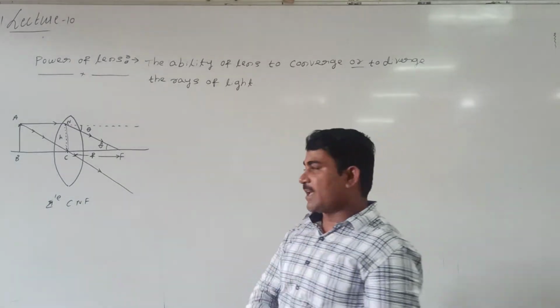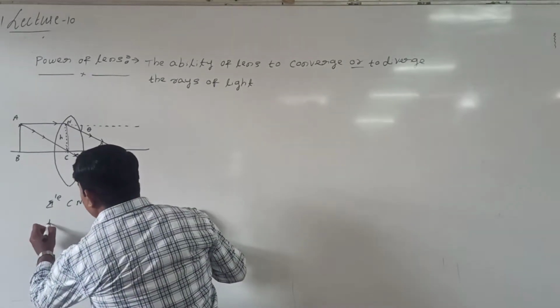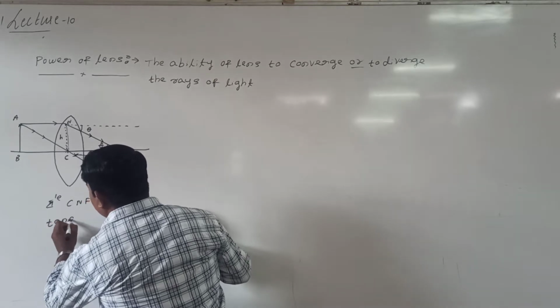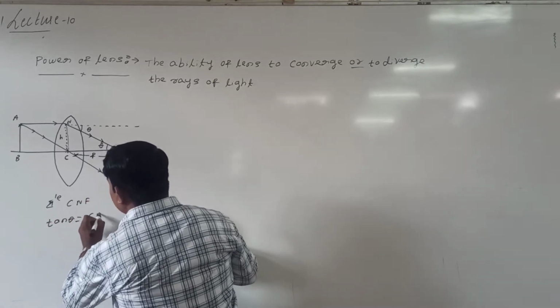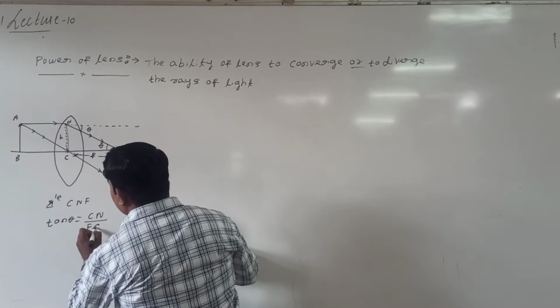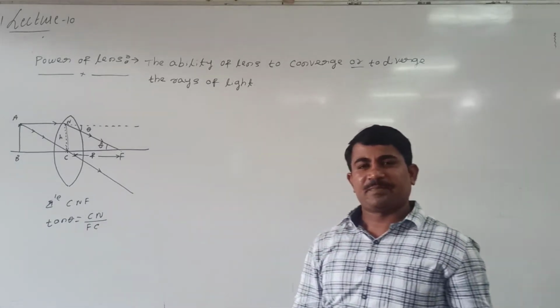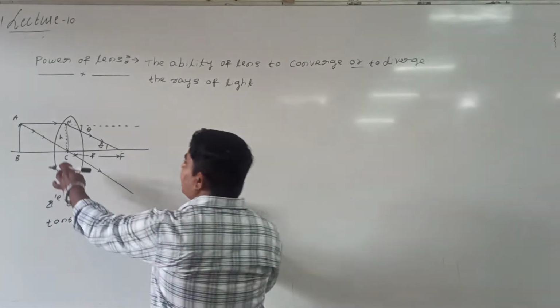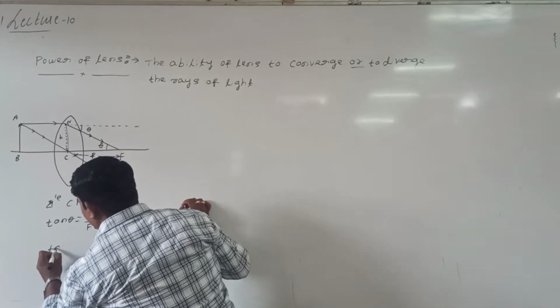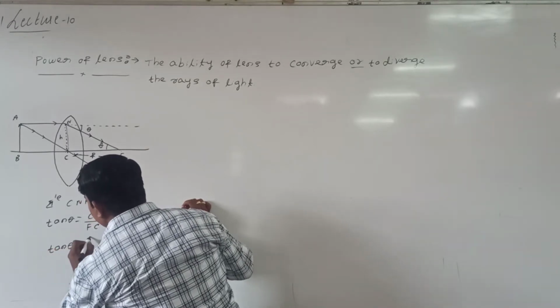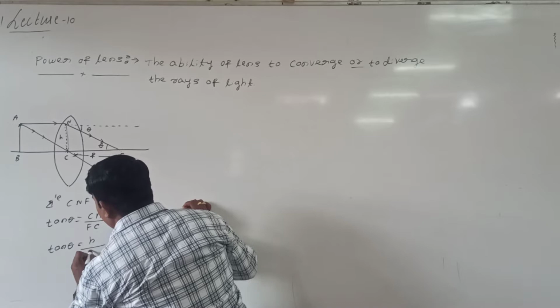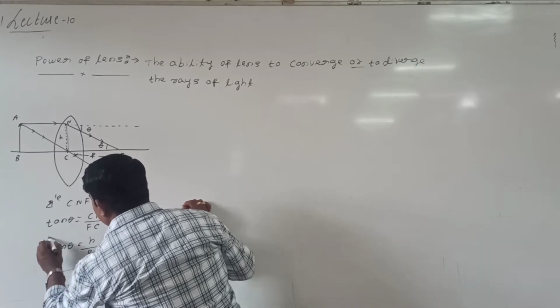So from this triangle, I can take tan theta. What is tan theta? Tan theta is equal to CN divided by FC. What is CN? CN is equal to H value, and FC is equal to small f value. Right or wrong?